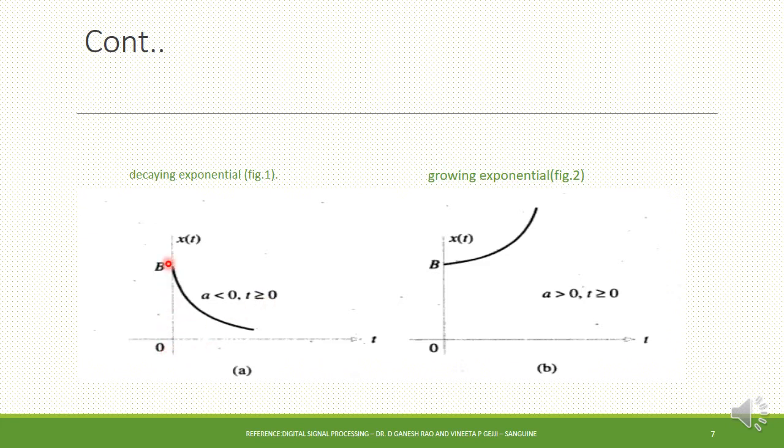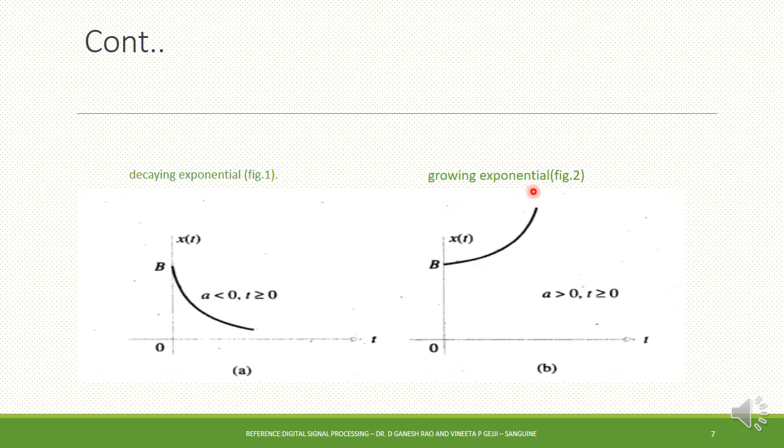The amplitude of the signal is decreasing, then it is called a decaying exponential signal. X of t is decreasing from the high end to the low end, then it is called a decaying exponential signal.